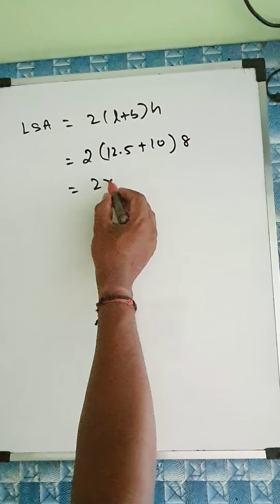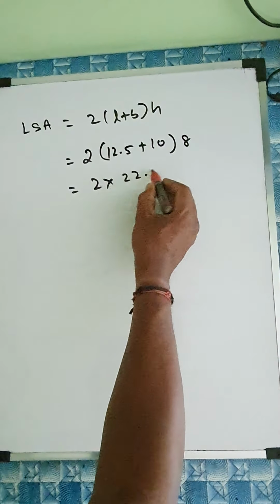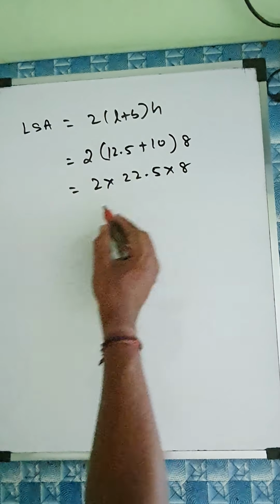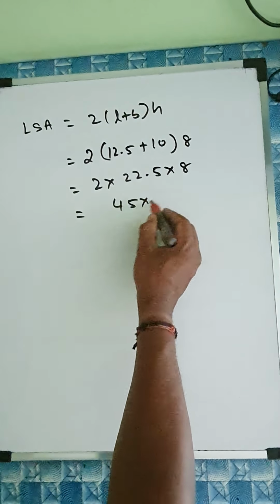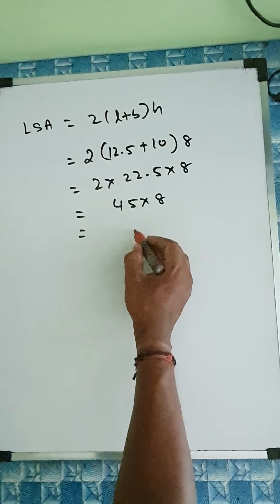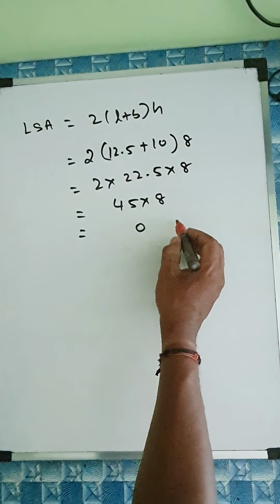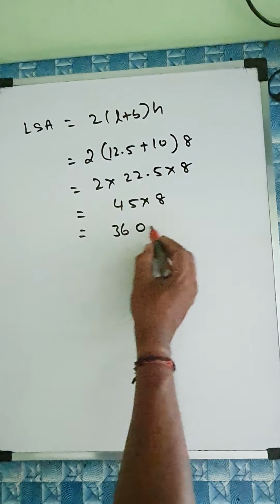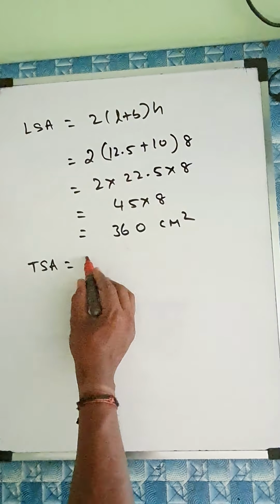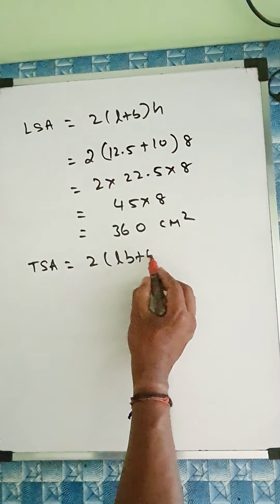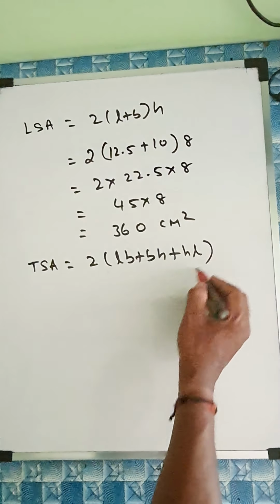Okay, so 2 into 12.5 plus 10 is 22.5 into 8. So 2 into 22.5 is 45, 45 into 8 is 360 centimeters square.